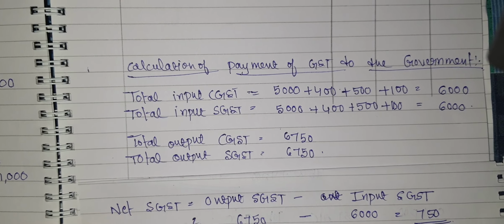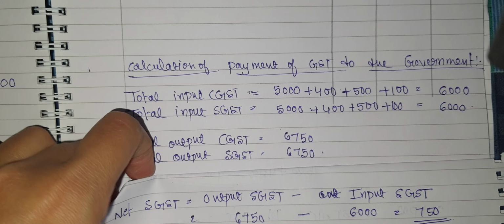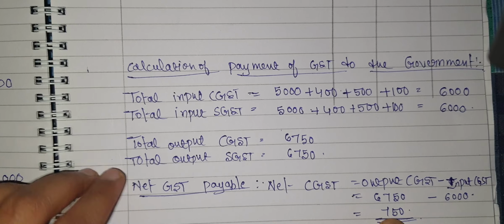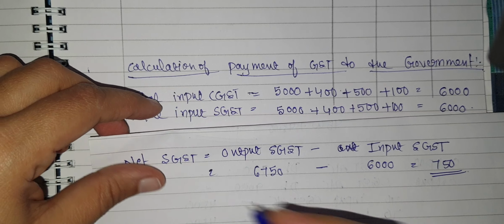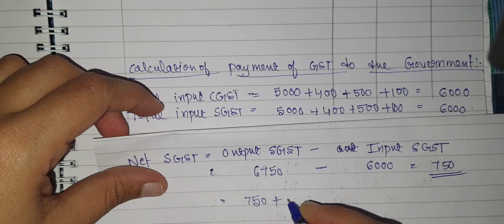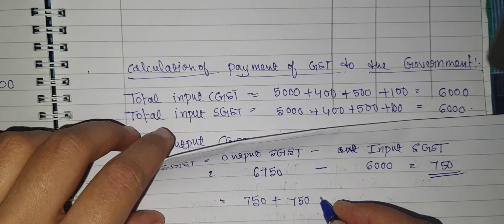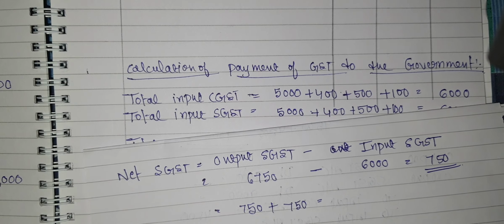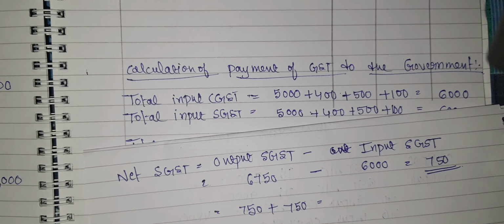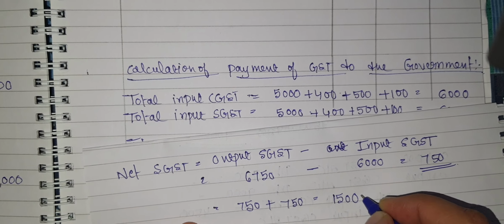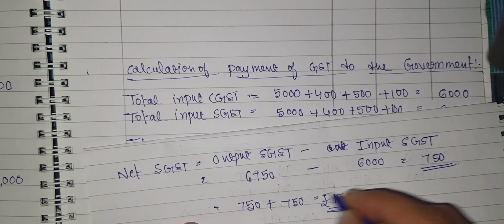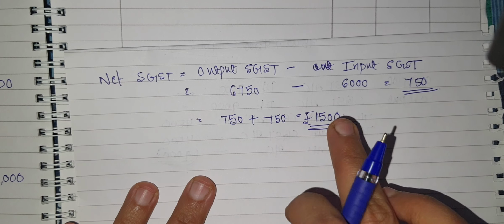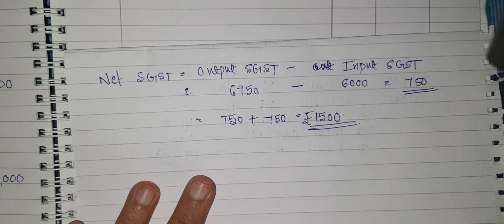So net SGST payable to the government is rupees 750. Net CGST is 750 and net SGST is 750, so total 750 plus 750 is rupees 1500. The business has to pay rupees 1500 to the government.